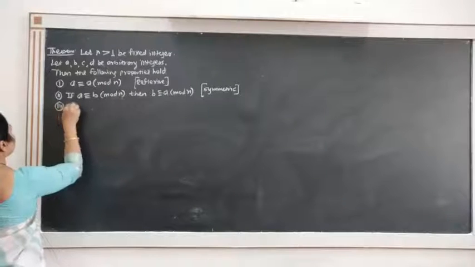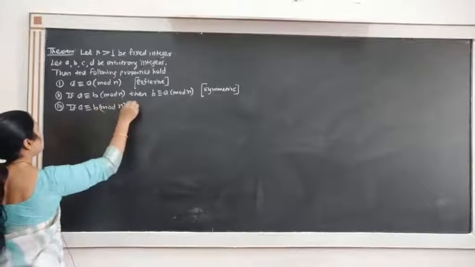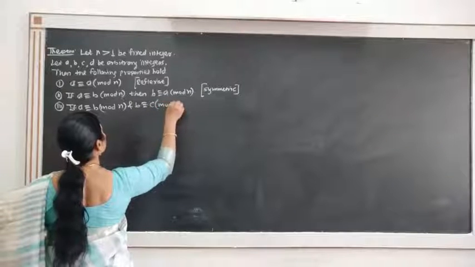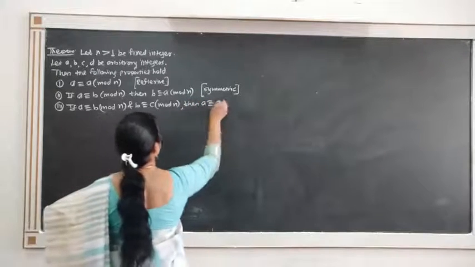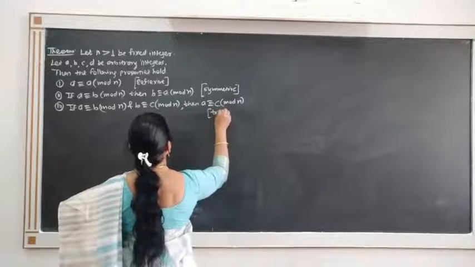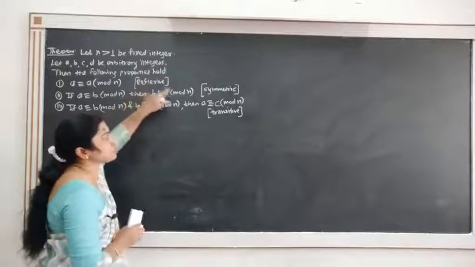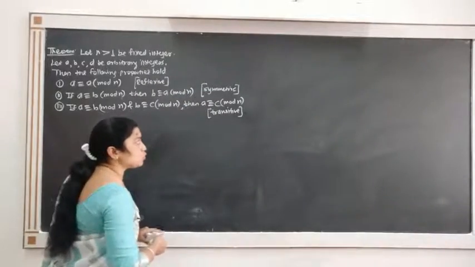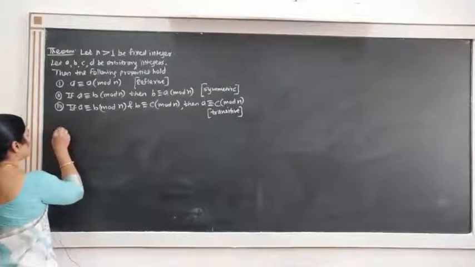Third, if a is congruent to b mod n and b is congruent to c mod n, then a is congruent to c mod n. This means that the relation of congruence is transitive. That is, the relation of congruence is reflexive, symmetric and transitive. So obviously it is an equivalence relation. So congruence modulo n is an equivalence relation.